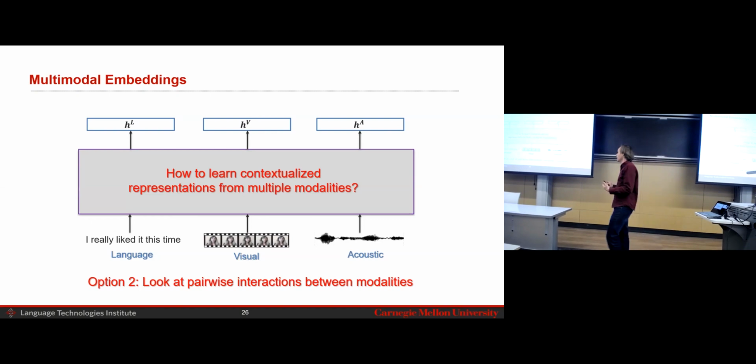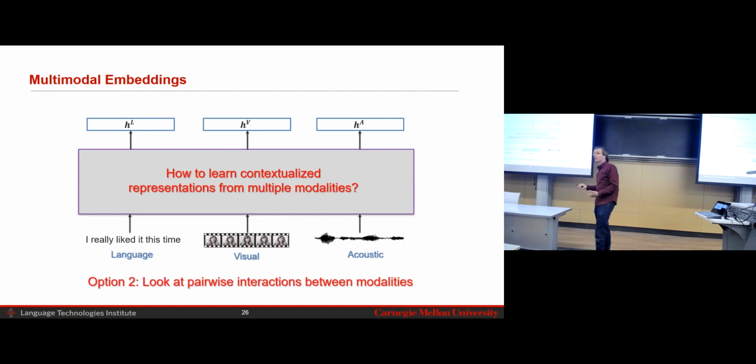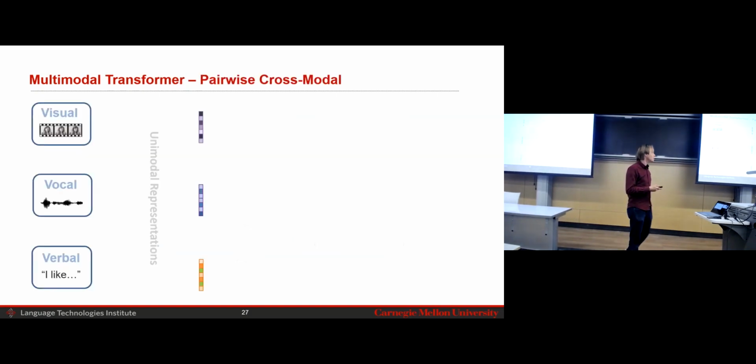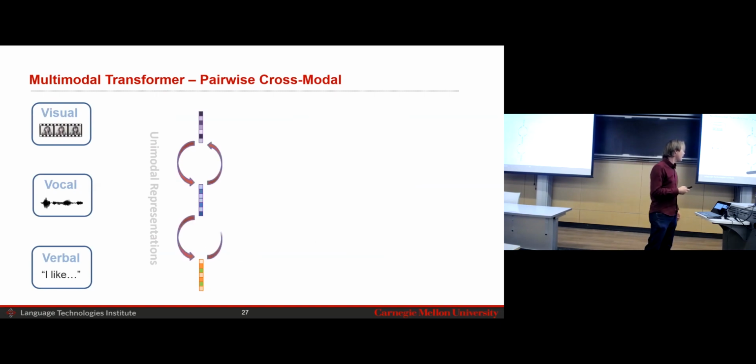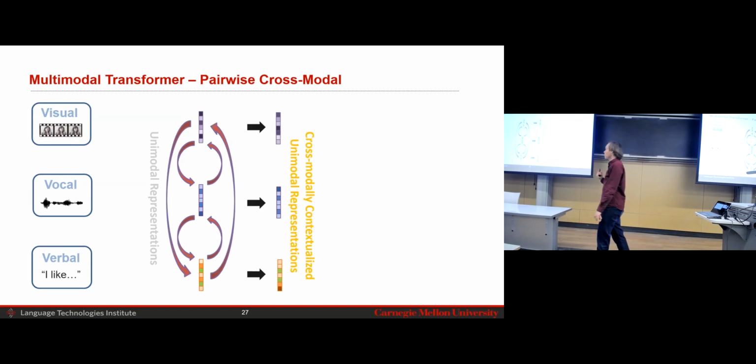The idea is, instead of doing it all in one, let's do pairwise interaction. What it means is that you will have not just one transformer, but something like six transformers.